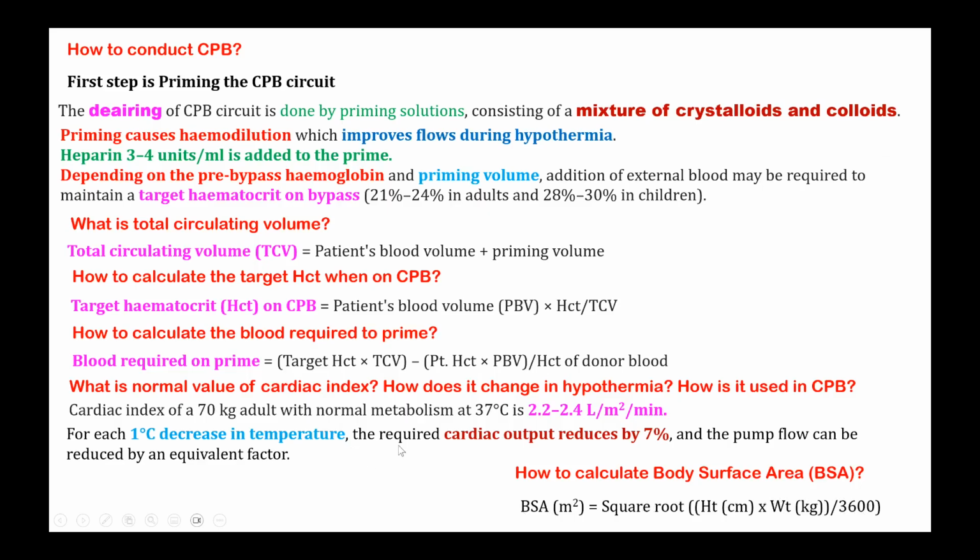So to calculate pump flow using this BSA and cardiac index, pump flow is equal to body surface area times cardiac index. So that is the importance of knowing all these formulas for deciding how much pump flow rate should be set using the roller pumps.